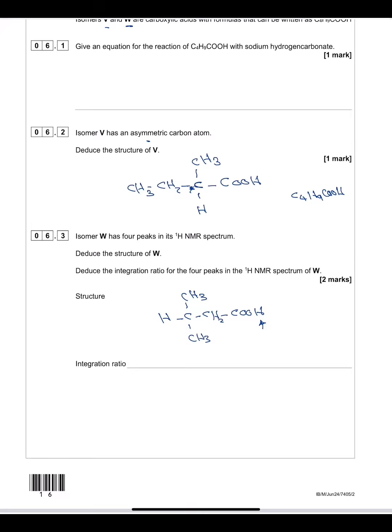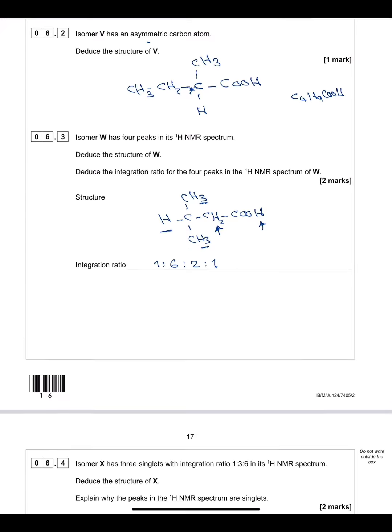So now this is one signal, these two hydrogens are the second signal, these two CH3s are one signal, and the proton here is the fourth signal. And then they want you to give the integration ratio for the four signals. You can put them in any order. So it can be 1, 2, 6, 1.